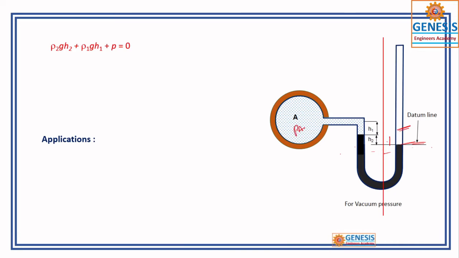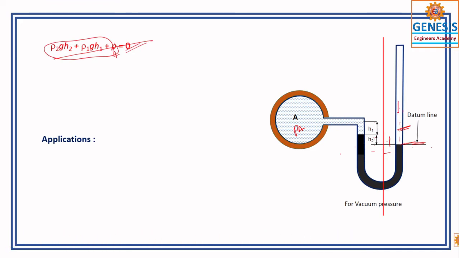This is PA, and this is gamma H1, this is gamma H2, or otherwise rho 1 G H1, rho 2 G H2. So this left part is the left limb reading, and this is PA, and in the right part nothing is there.